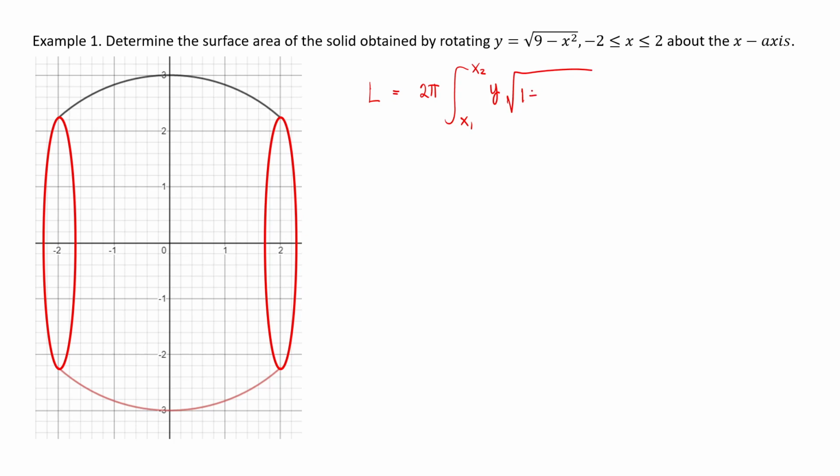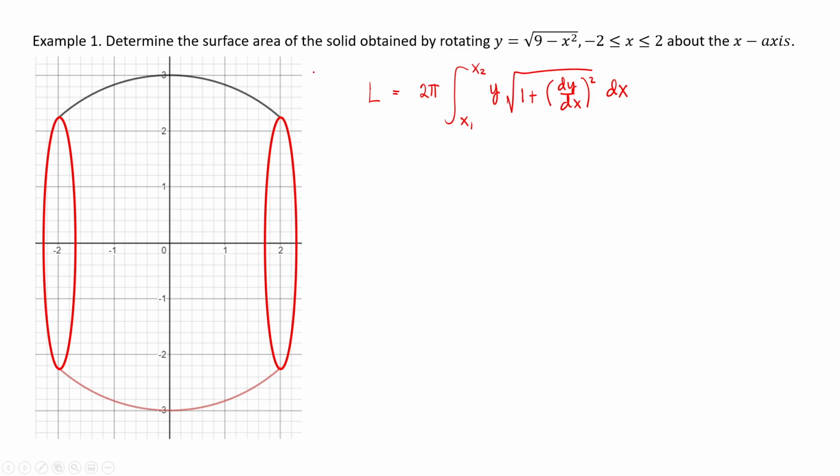So square root of 1 plus dy over dx squared dx. So that will be our equation. Also take note that the equation on the left portion, in the graph, will be the surface area generated.